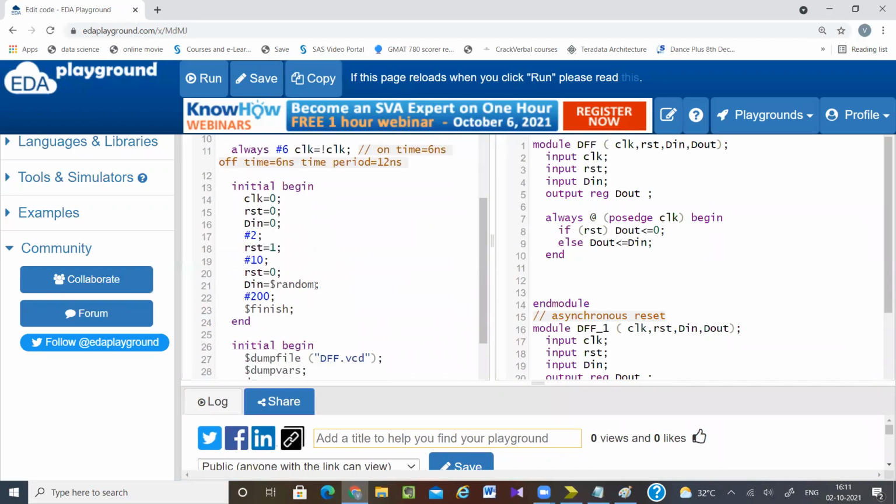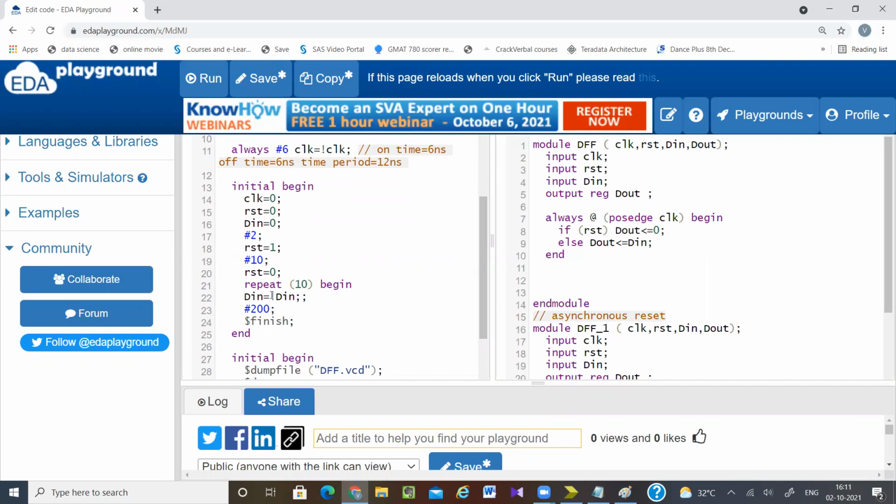Here, instead of writing $random, let's write a repeat block, so I may get some 10 to 12 values. Repeat 10, begin, D in equal to not D in. So D in value will always toggle, 0, 1, 1, 0 like this.